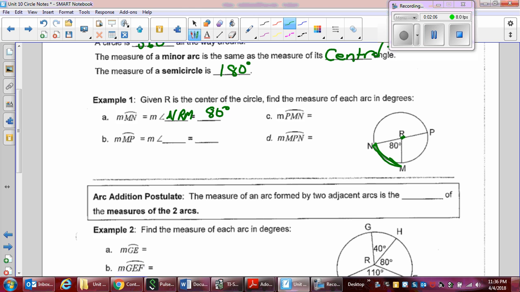Let me use a different color. It's going to be this arc here, and it's going to be the same as this angle here, which is PRM. So I'm going to write PRM here.